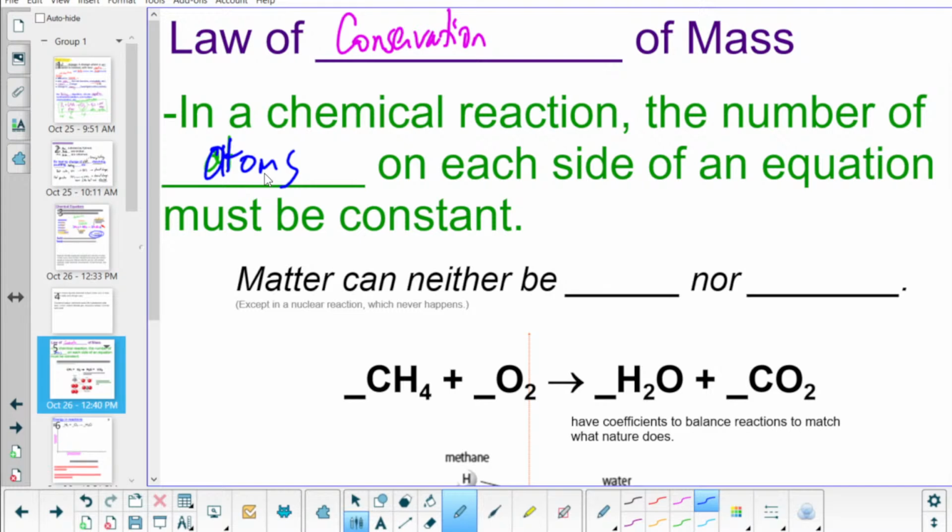Does anybody know the famous equation that relates mass and energy? The most famous equation in the entire world. E equals mc squared. What Einstein discovered. If you take a certain amount of mass and you make it disappear, you get that amount of energy.